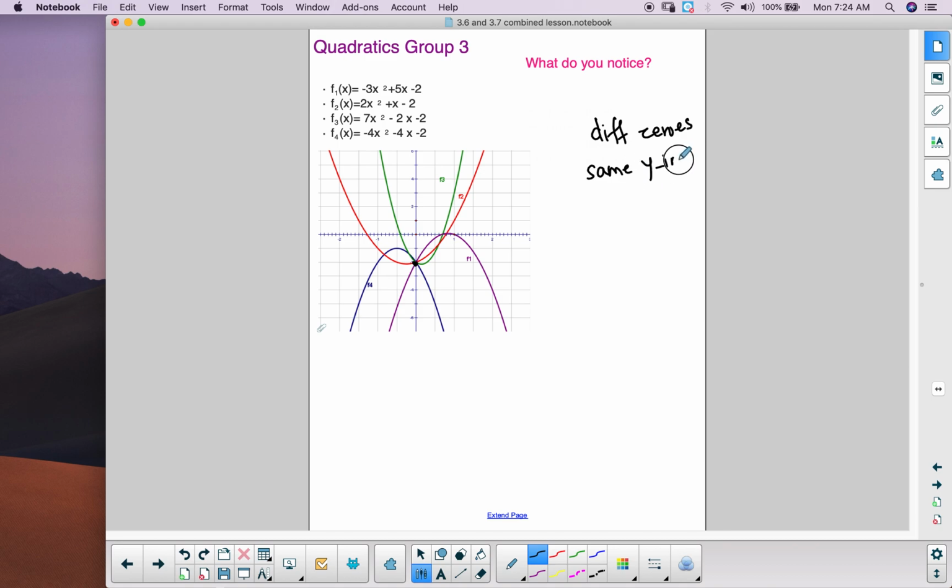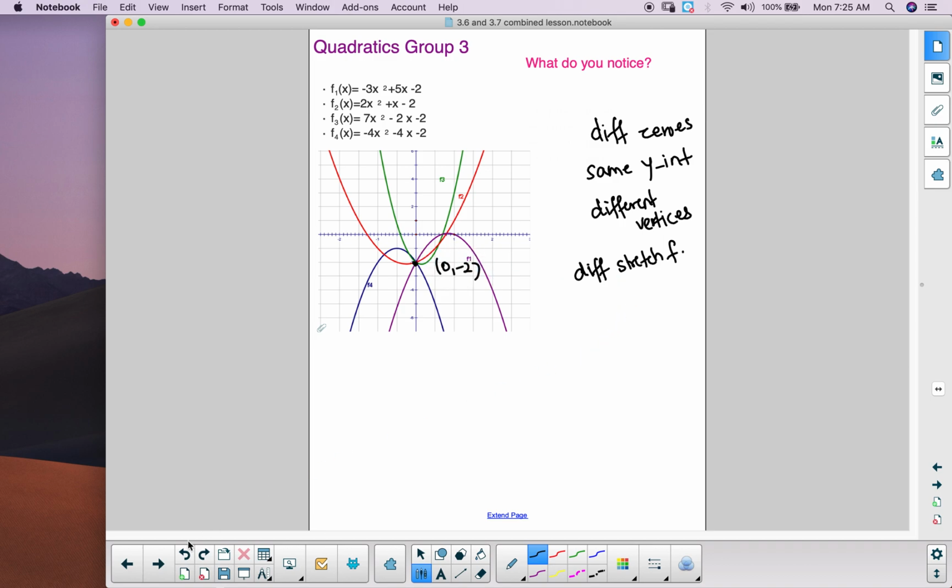They have different vertices, it's plural vertices. And they have different stretch factors, right? Different stretches or compressions. So they're all different except for this one point, which is right here. They all pass through this point on the y-axis, which is 0, comma, negative 2.